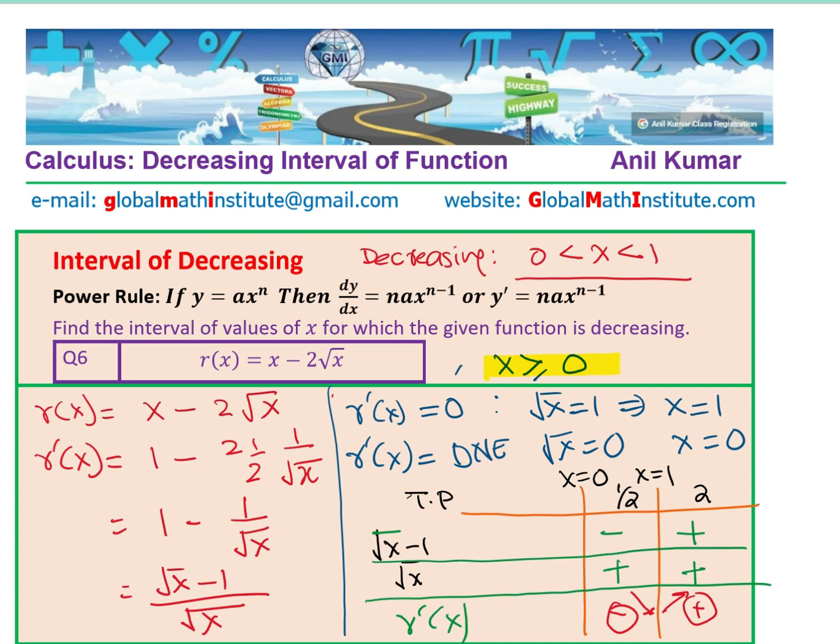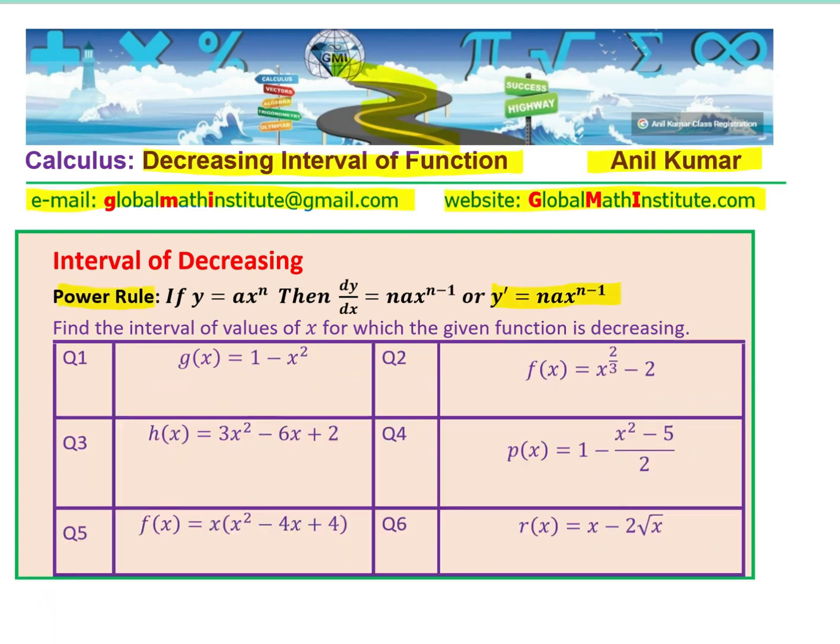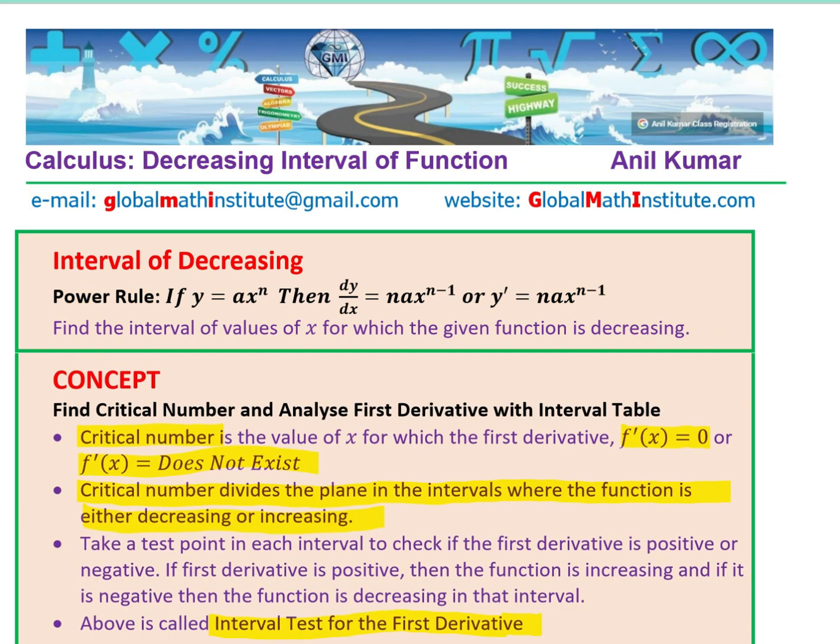Correct? So with that, we come to an end of this problem set where we solved all the 6 questions just with a simple concept of finding the first derivative, finding the critical number, being a number where the first derivative is either 0 or it does not exist.